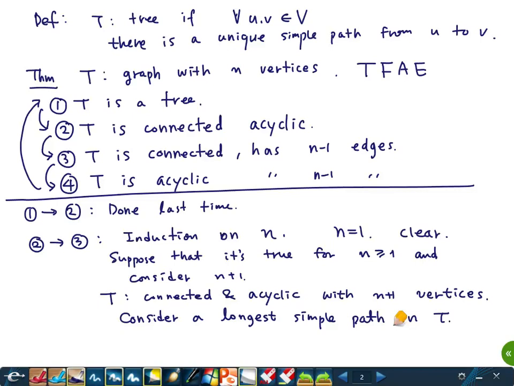You can go as far as possible. But if at some point you cannot go any further, that means it should be one of the longest. So let's say this is the longest path, like that: u0, u1, up to uk. A longer path is not possible.